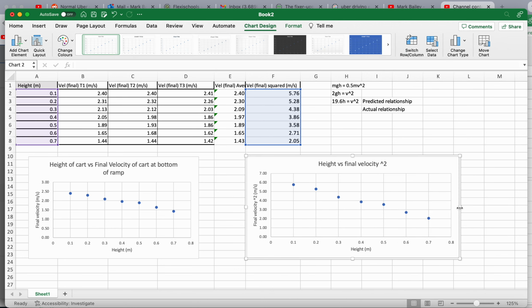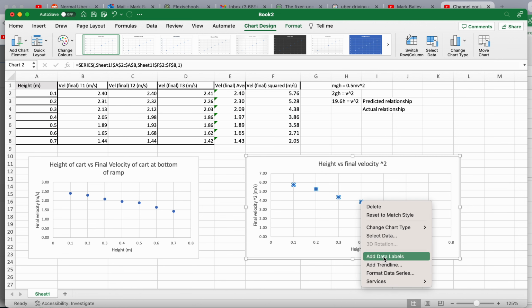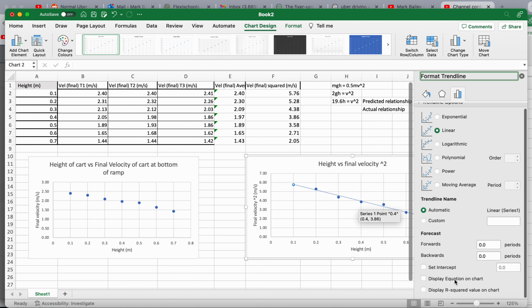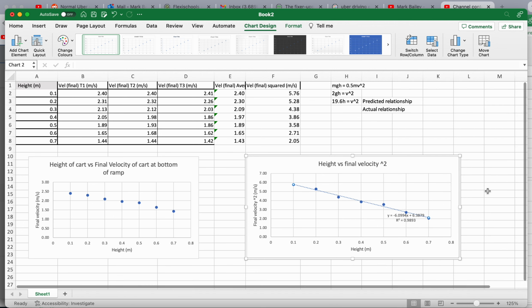Now what you need to do is select the point, right mouse click, and add trend line. Go linear, then display equation on chart and display R squared value on chart. There we go.